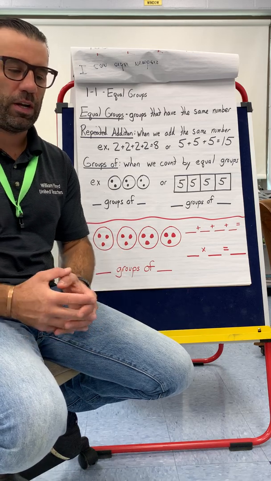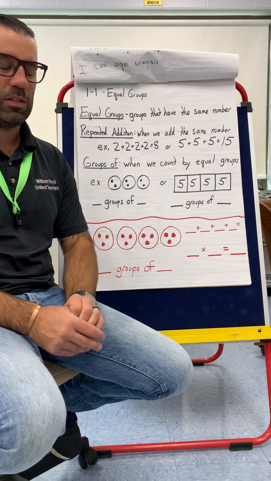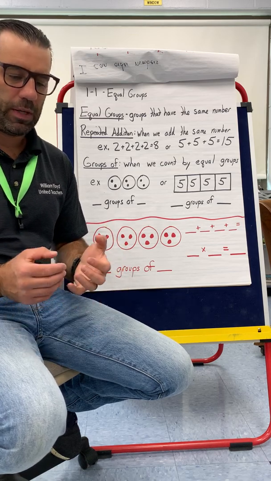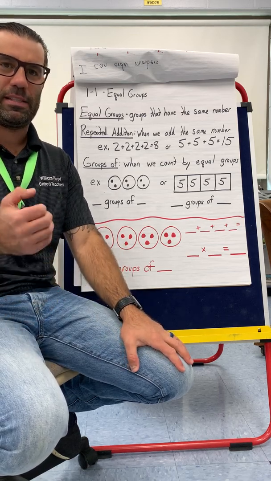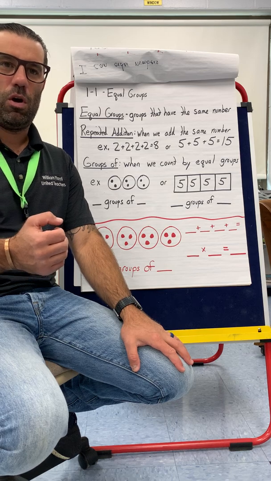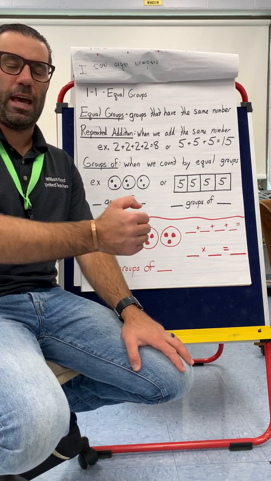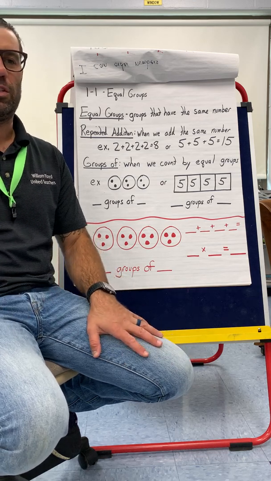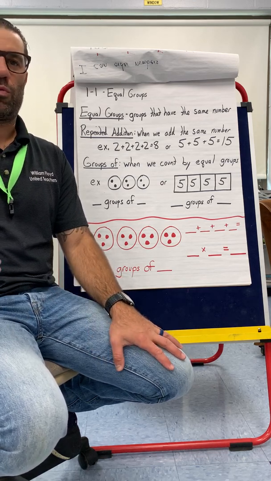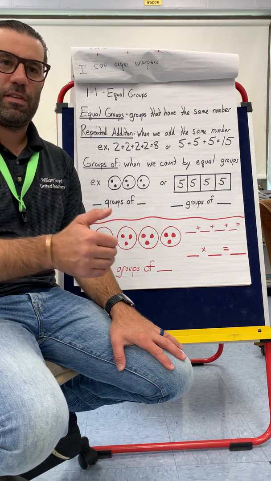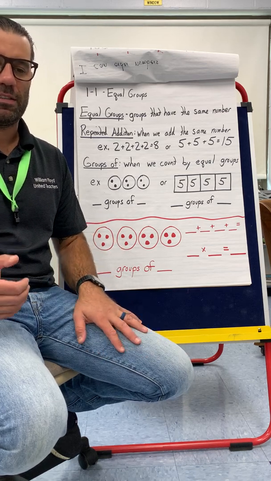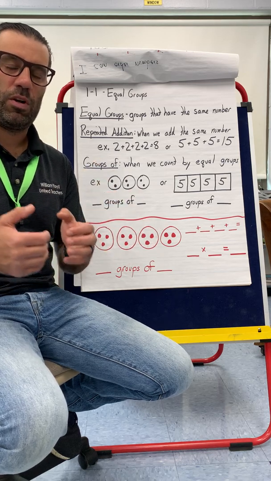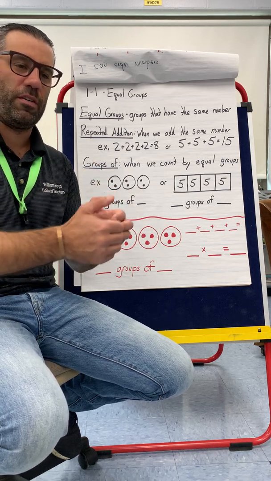So before we start worrying about multiplication, we've got to think about, well, what is multiplication? Multiplication is when you count by the same number over and over again. That's why they call it times. If you had to do 3 times 5, 3 times 5 means 3 fives, or 3 groups of 5.